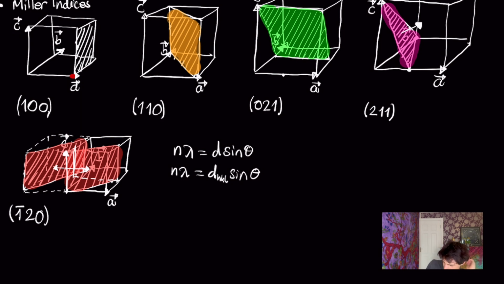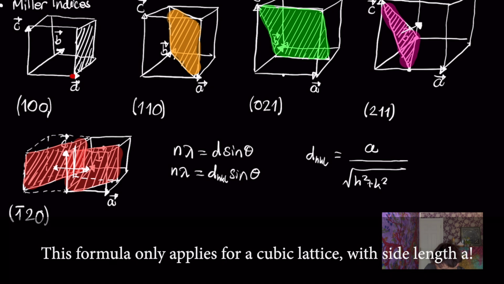And just as an example, for cubic crystals, the distance between HKL, you can write that as A, which is the lattice constant. Remember this, and this would be the same for all 3 lengths of the cube. And this would be divided by the square root of h squared plus k squared plus l squared.